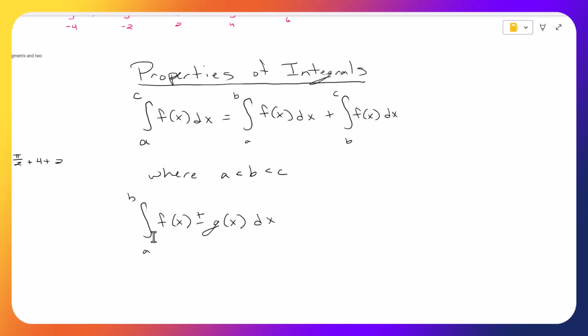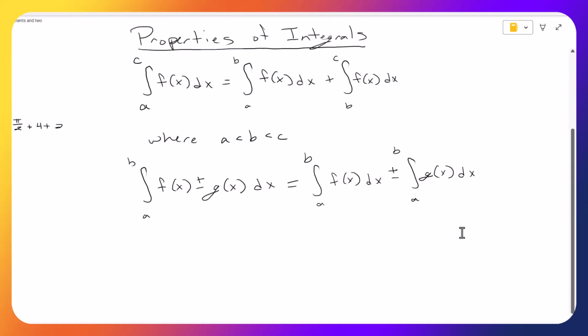You shouldn't let me forget it. This is equal to, similarly to how we can split it by the bounds of integration, we can also split it by the actual pieces of integration that we're integrating. So we can split this into the integral from a to b of f of x dx plus or minus the integral from a to b of g of x dx. So that's property number 2.